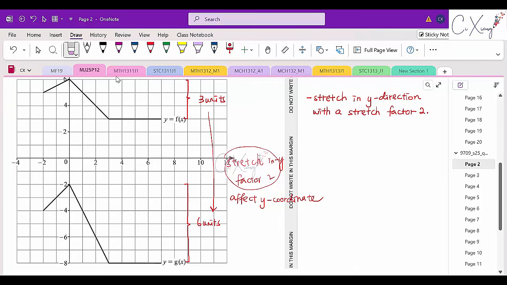Like what I told you just now, this particular transformation means that you are making the 3 units of the graph in the y direction become 6 units of the graph, and it will affect our y coordinate.